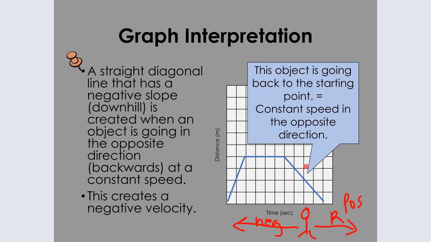So this was going backwards. Going back to the starting point here, constant speed here, going to the right, stopping here. So this is how you can interpret the graphs.